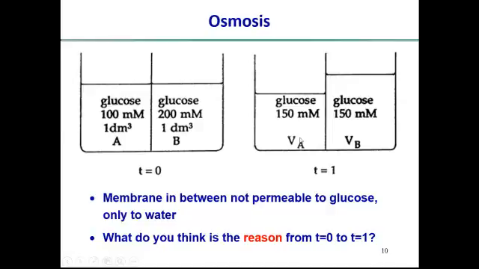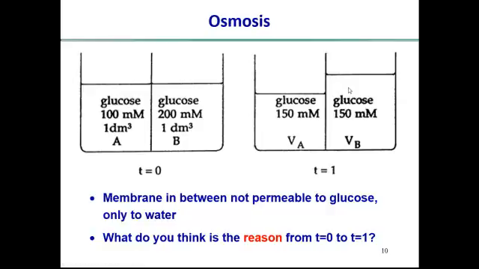Therefore, the final concentration of glucose is equal on the left and right sides, but the volume of the solution is not equal. The right side has more water, because the water has moved from the left side towards the right side.